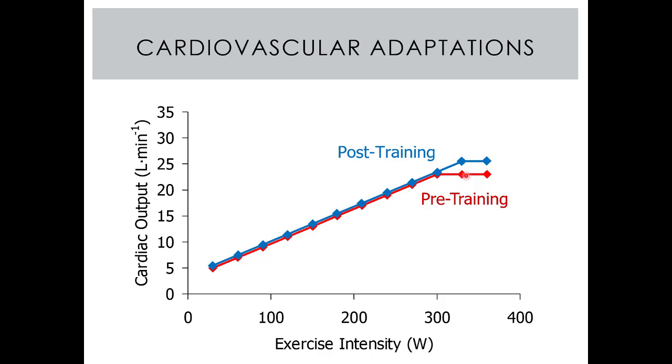So the only contributor to an increase in maximal cardiac output from pre to post training is an increase in maximal stroke volume. There will be an exam question on this, so please take note. So if I asked which of the following factors contribute to an increase in maximum cardiac output from pre to post training, the only answer is increased maximal stroke volume.